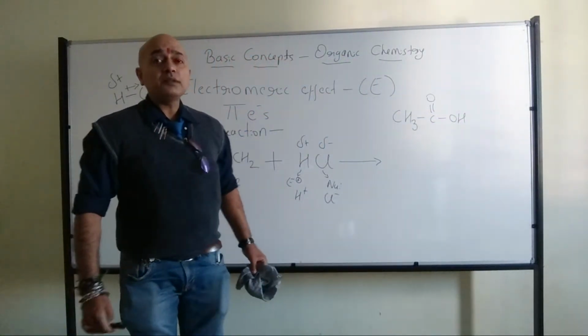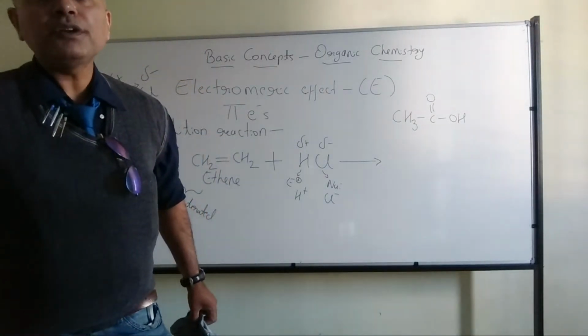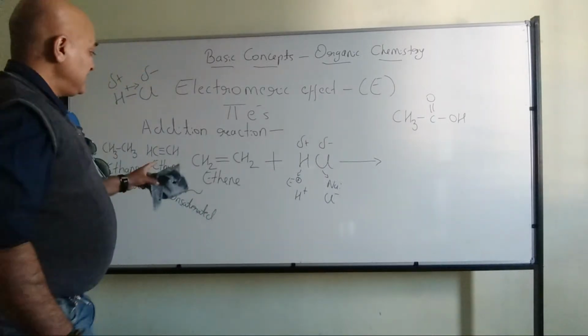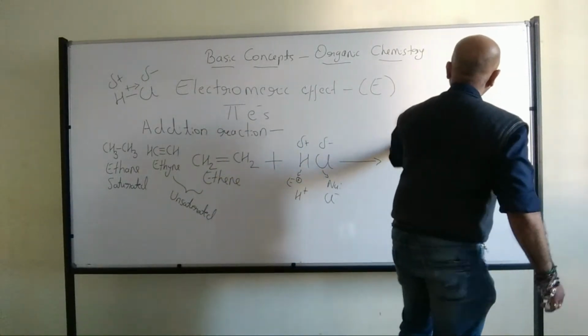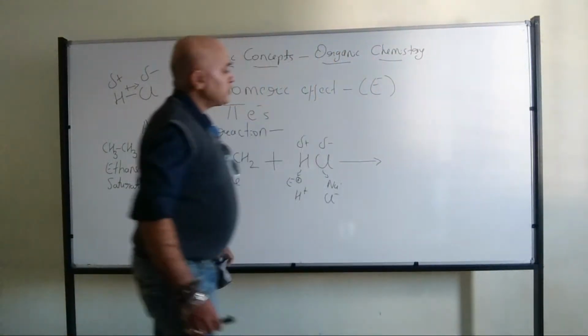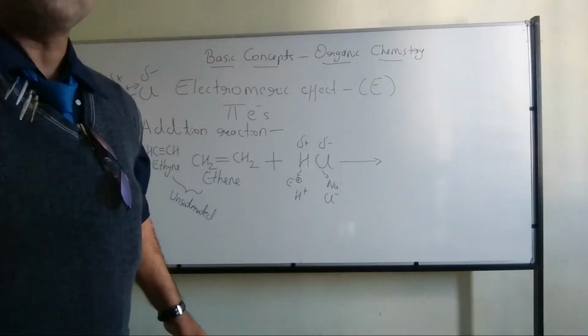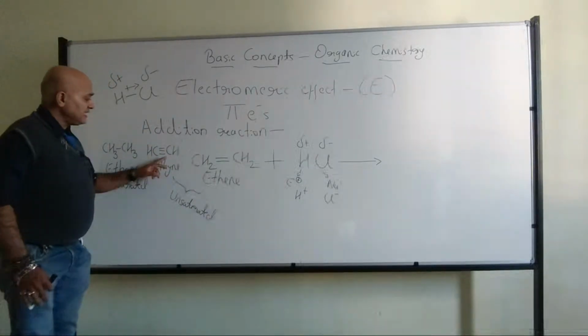Sir, there is a carbon-oxygen double bond, but I told you there should be a double bond between carbon and carbon. That is the compulsion with respect to unsaturated hydrocarbons, where the double bond should be present between carbon and carbon, not with any other element.